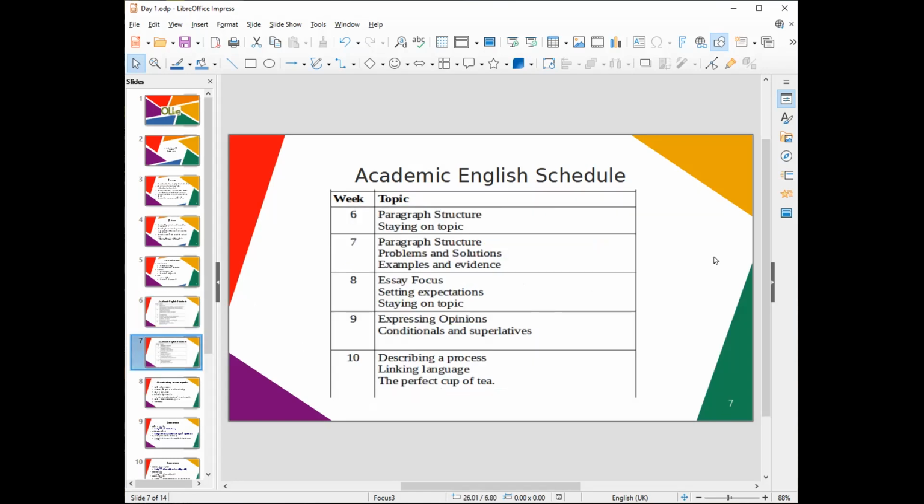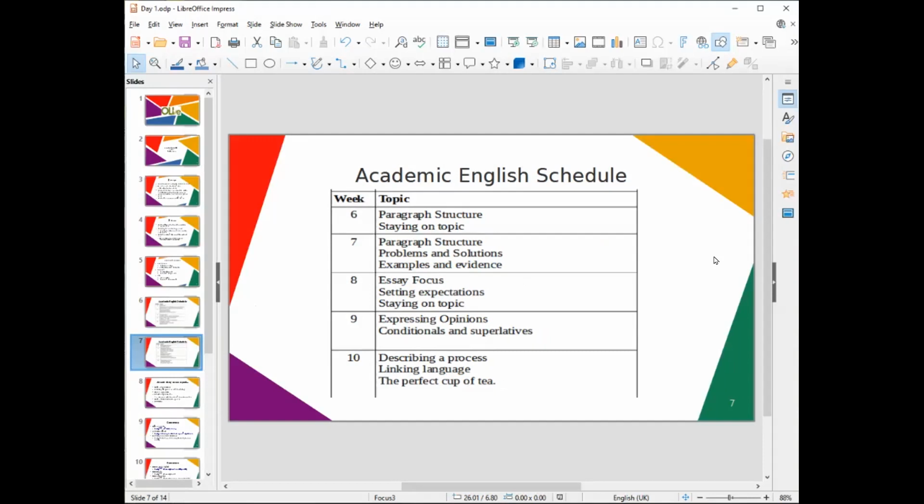In the second half of the class, we will start looking at paragraph structures, how to keep them focused. What does it mean to have a clear and focused paragraph? And then work on the specific grammar that comes with things like solving problems or giving examples and evidence.